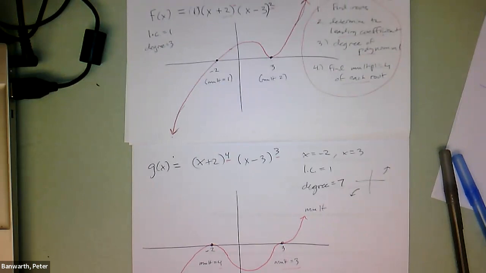All right, so we got some practice doing leading coefficients and degrees and end behaviors and multiplicity, and that's going to carry us all the way through question 6.